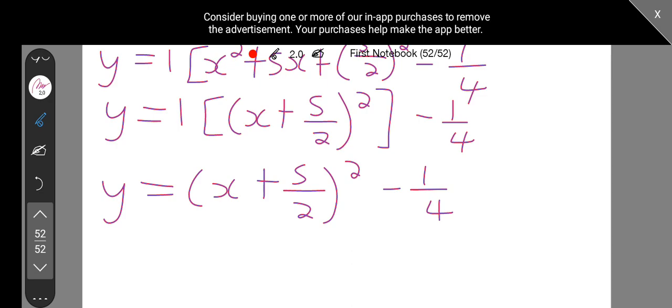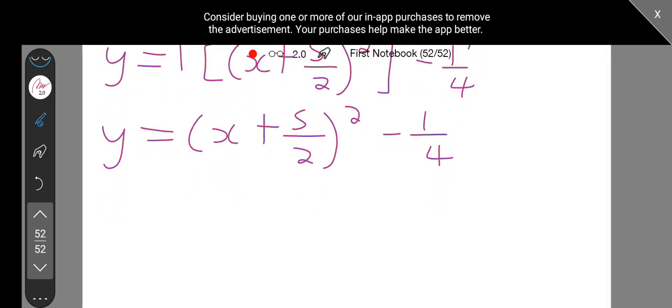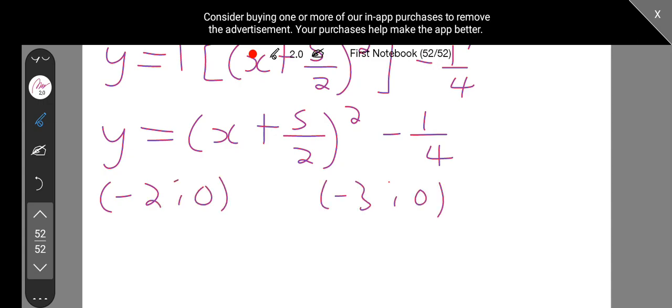Okay, so for example, let's check the x-intercepts which we calculated in the last video. The x-intercepts were given as minus 2 and 0, as well as minus 3 and 0. We're going to test them. Let's plug in negative 2 first. We're going to say (negative 2 plus 5 over 2) squared minus 1 over 4.